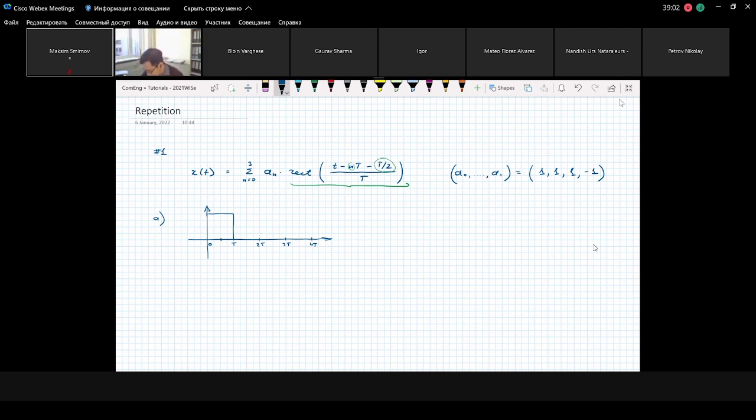If we set n equals to 1, then we have T/2 plus T, which will be 3T/2. It will be there, and this is the middle of the rectangular pulse with width capital T, and the amplitude will be 1.